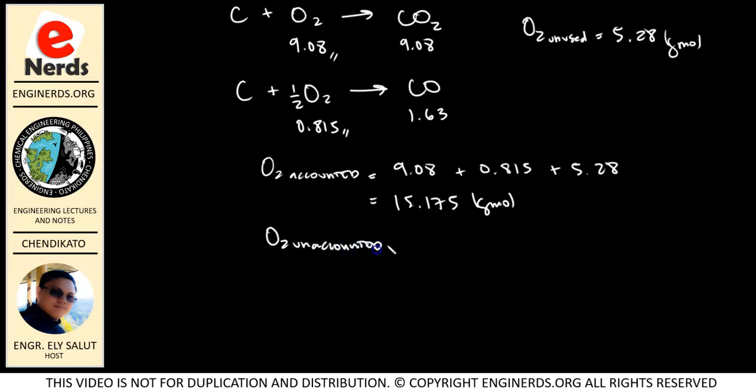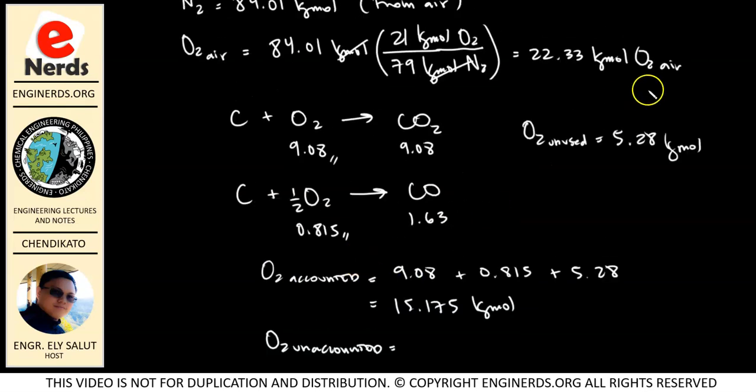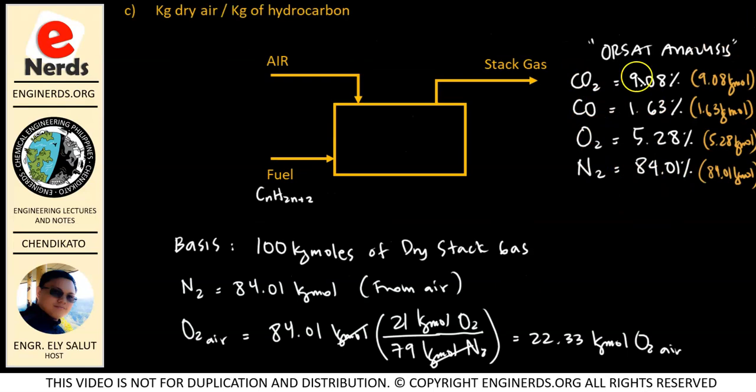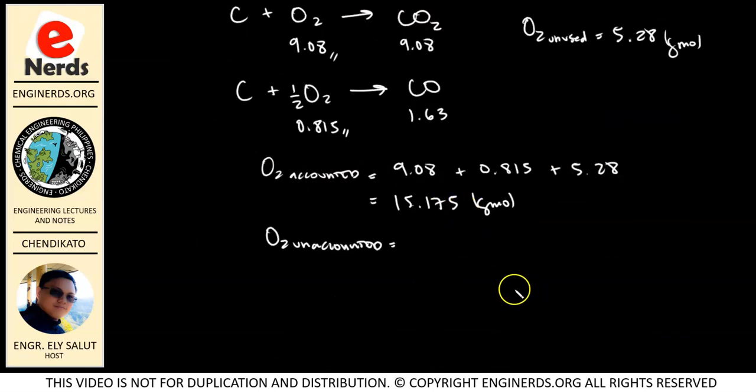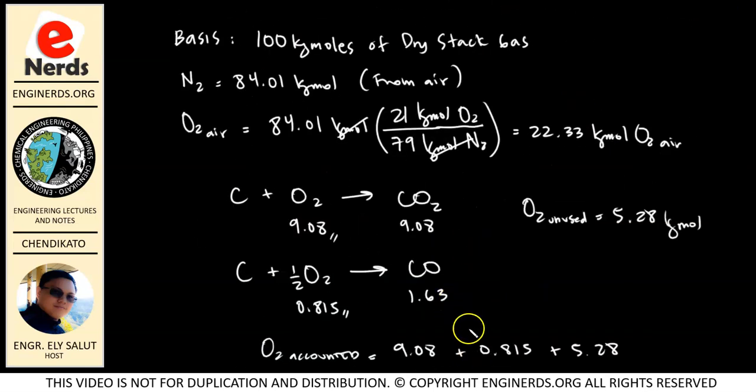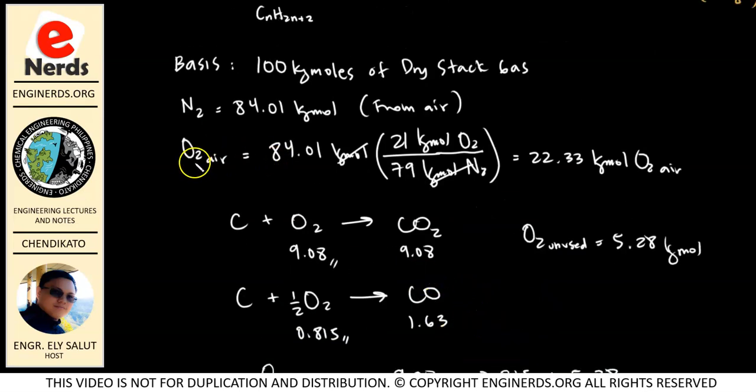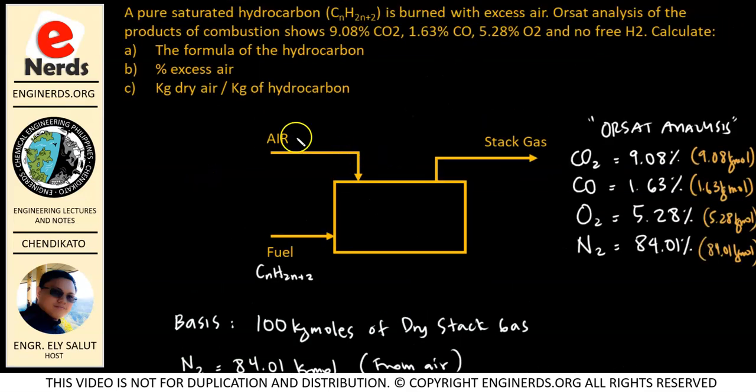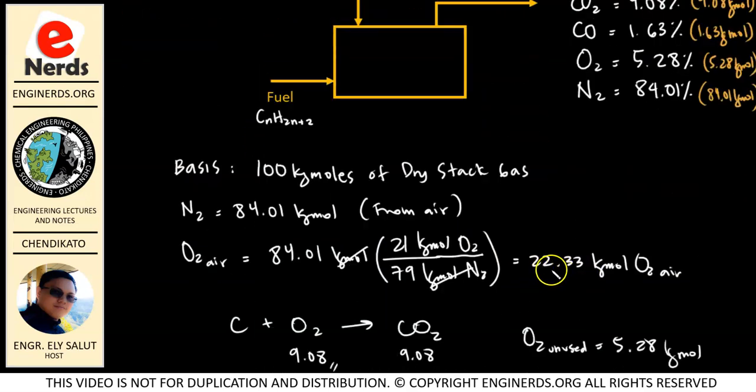Okay, unaccounted means it will not be seen here because this is Orsat analysis. So, what we'll do is just subtract this value from our O2 supplied. So, don't forget, we have supplied from our air 22.33 kilogram mole of O2.